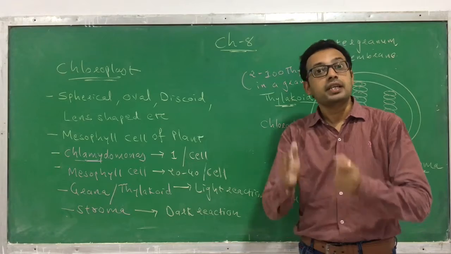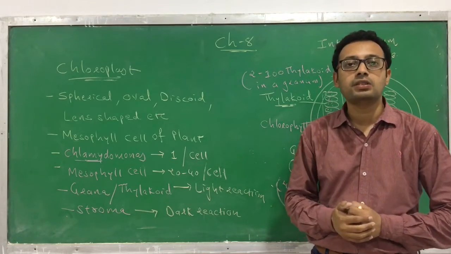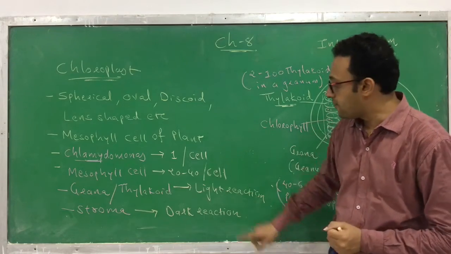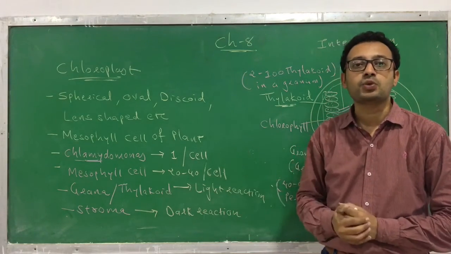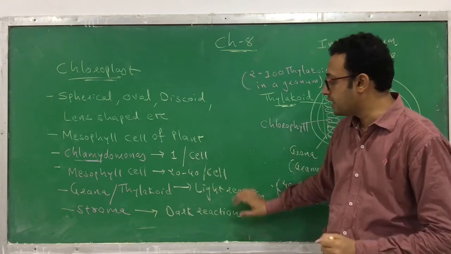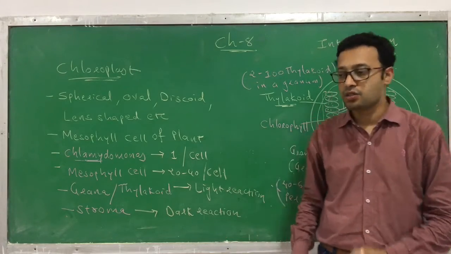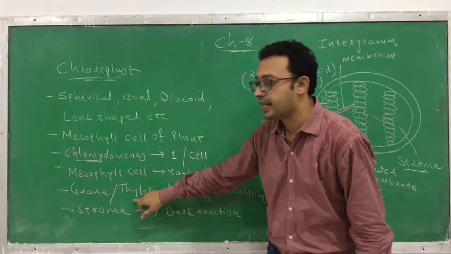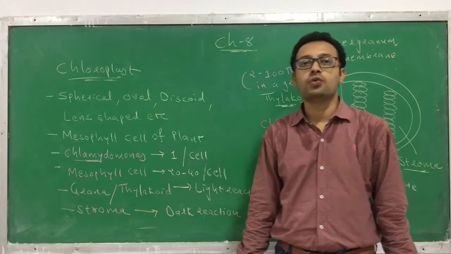Dark reaction is also part of photosynthesis, but does not require sunlight. When both reactions occur, the photosynthesis process completes. Light reaction takes place at the thylakoid and the dark reaction at the stroma.